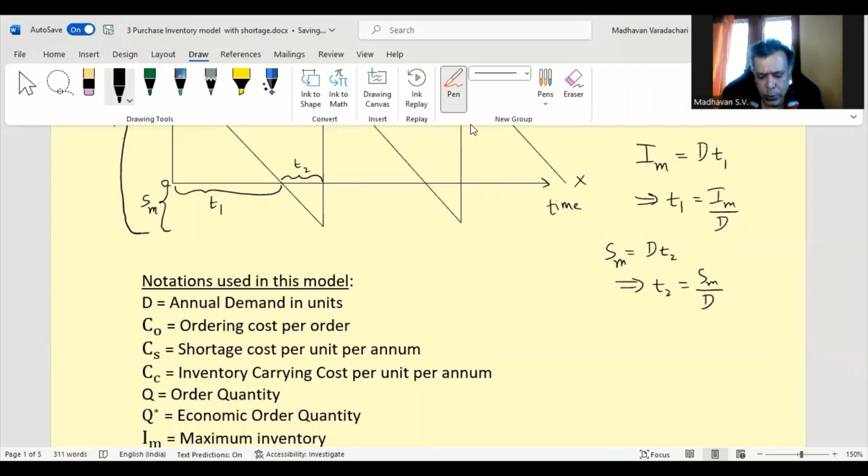Similarly, Q is D times the total cycle time, which means T can be written as Q divided by D. So that is our total cycle time.